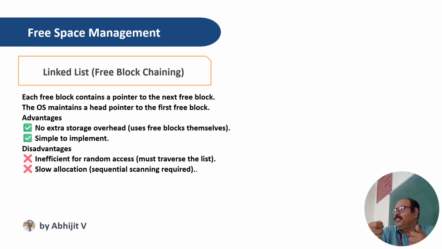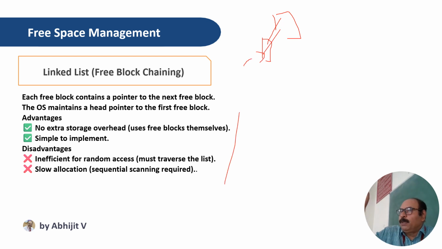He'll run 100 meters for a 400-meter relay, and then he hands over the baton to the next person, and so on. The same way, each free block will have a connection to the next free block. Once this is used, it will say that the next free block is available at that particular location, so that it saves a lot of time.